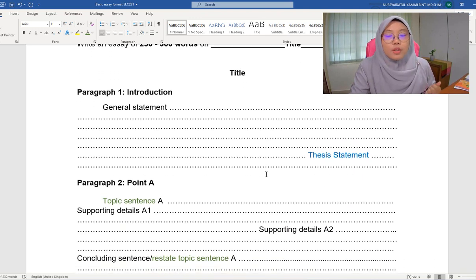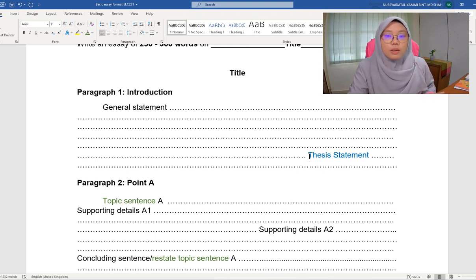Alright, okay. So throughout this course, in the next lesson and lecture, I am going to explain to you how to write an introduction paragraph, whereby we are going to focus on the types of introduction, and then we are going to learn how to write a general statement, and also, this is very important, how to write a thesis statement.